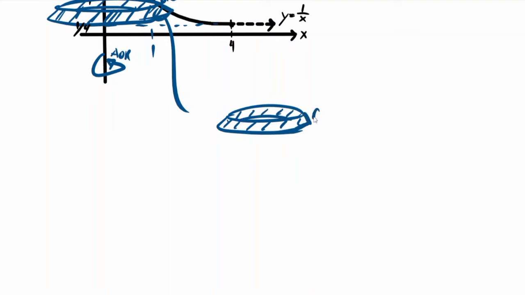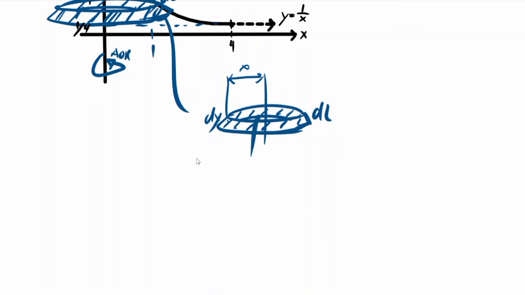Now the strip here is our dl, and the width of the strip is our dy. And from the axis of rotation to the edge of the strip is our x, right?